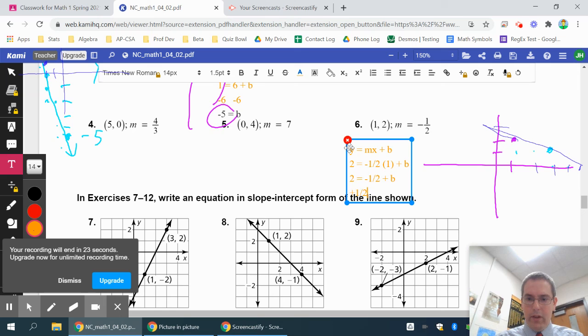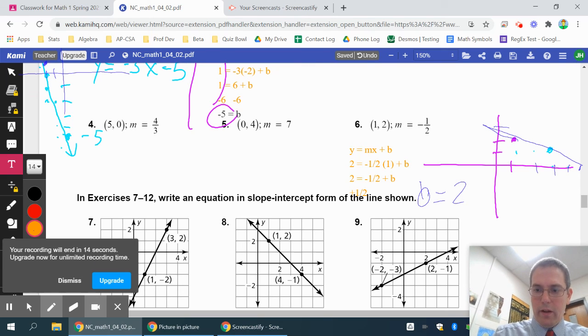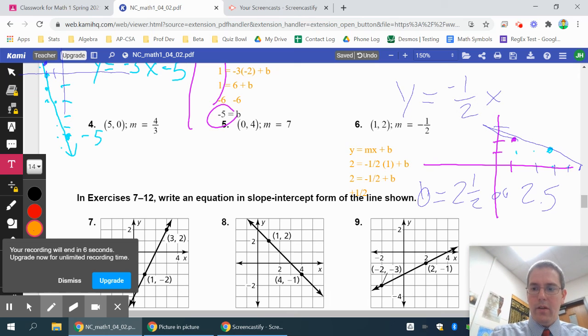So I am going to get a b value of 2.5. So if b turns out to be 2.5, or I can write that as 5 halves, that means my final equation would have been y equals -1/2x plus 2.5.